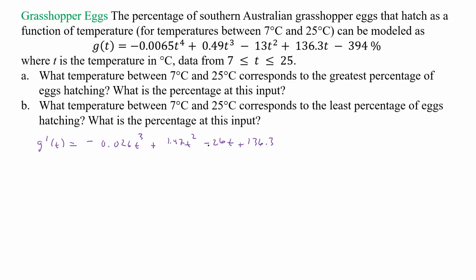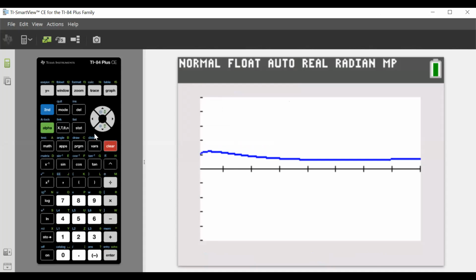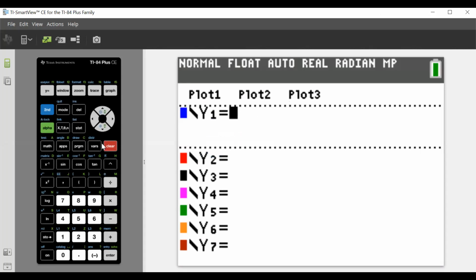And so now what we need to do is find where those points are. What I'm going to suggest, again, is using our calculator, so let's get rid of that. Now, we know what the derivative is, so we can type it as well as the actual function.